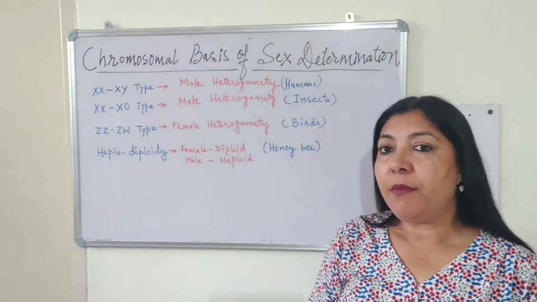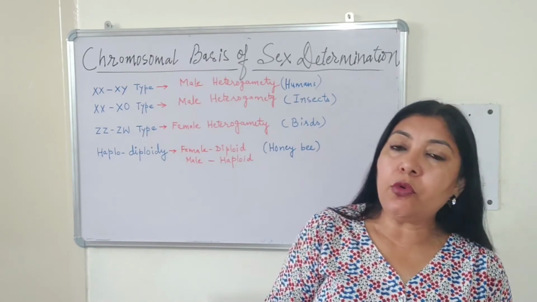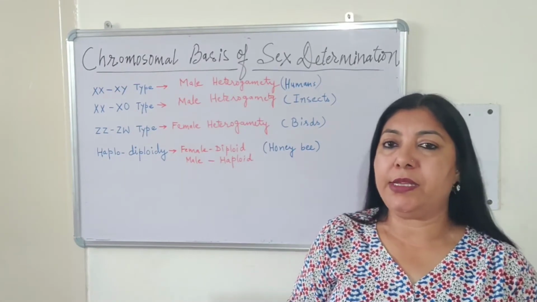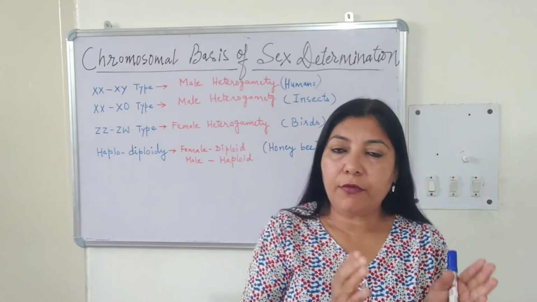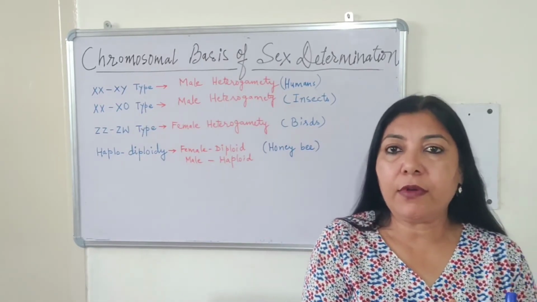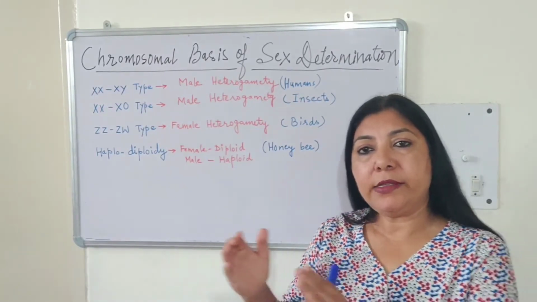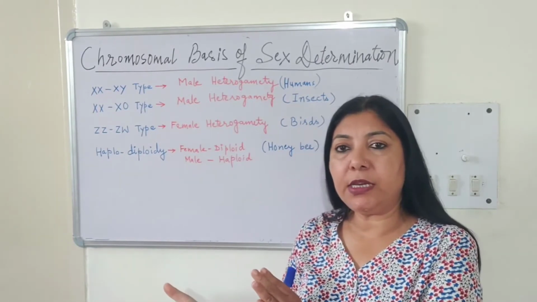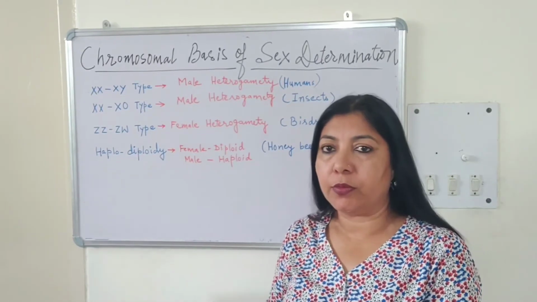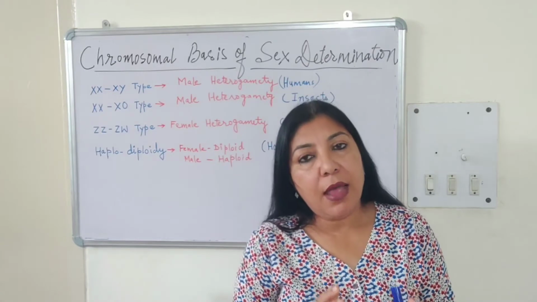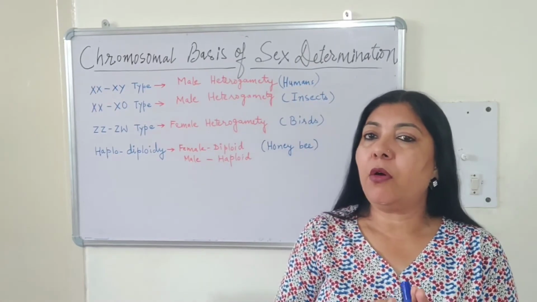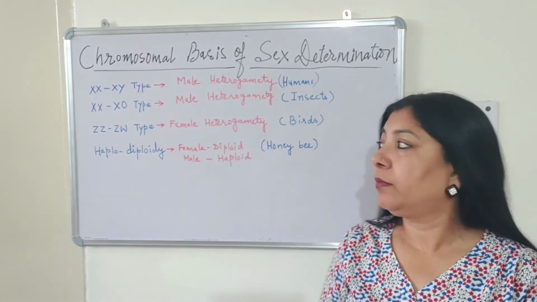In human beings, males produce 2 types of gametes: 50% of sperms have the X chromosome, and the other 50% have the Y chromosome. Whereas the eggs produced by females are all alike.